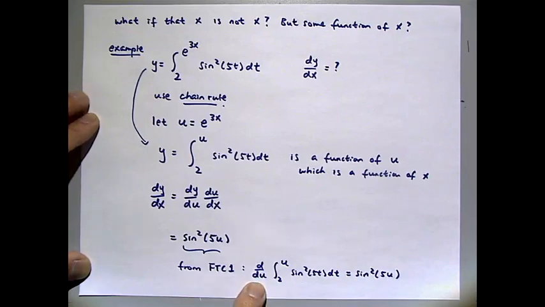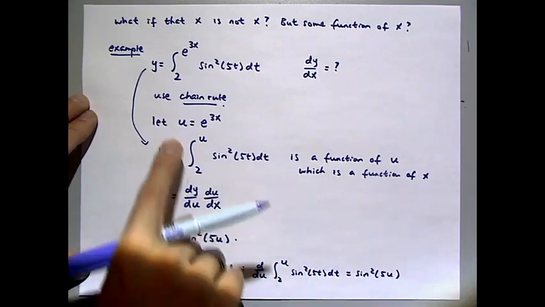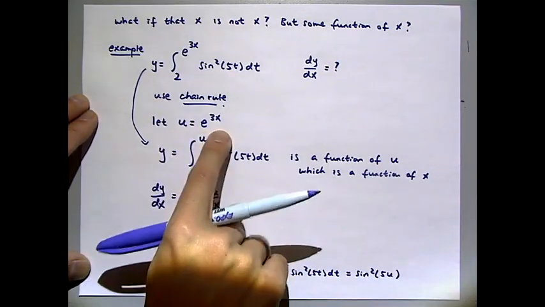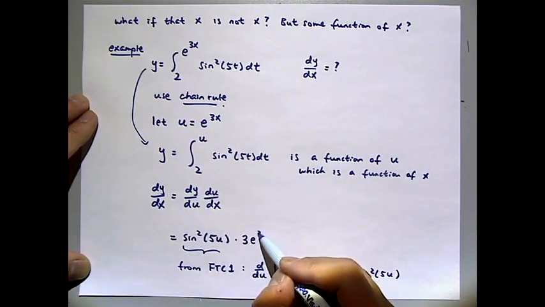Right? The differentiation and integration cancel. We keep what's inside here, change t to the variable. This time the variable is u. So that's the first part. Second part, du/dx. This is u. The derivative of u is 3 times e to the 3x.